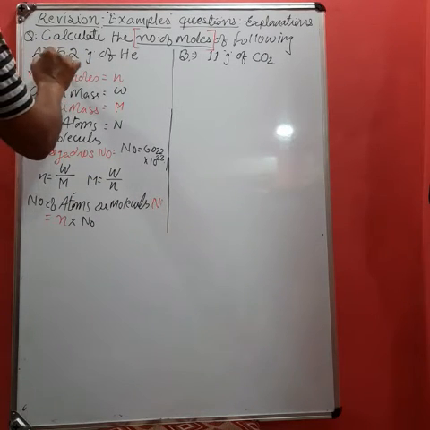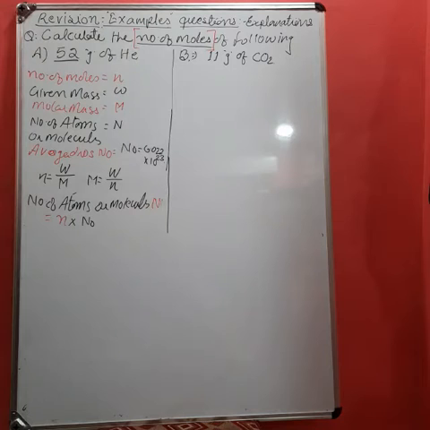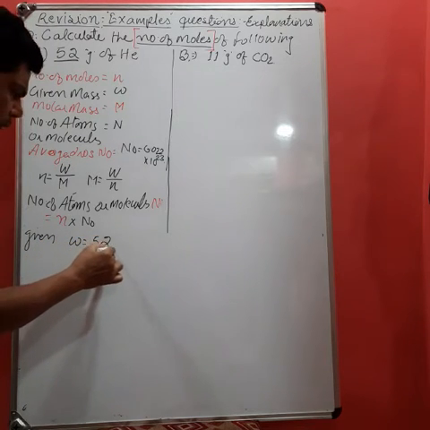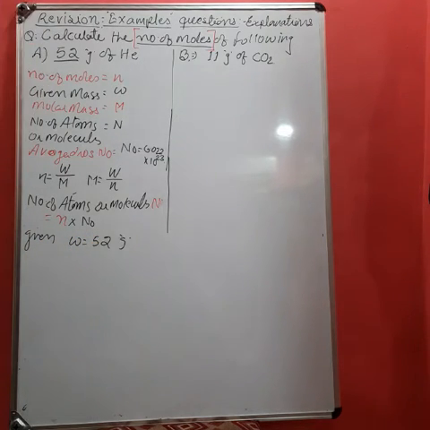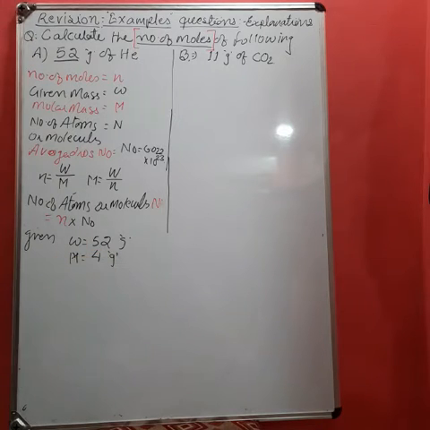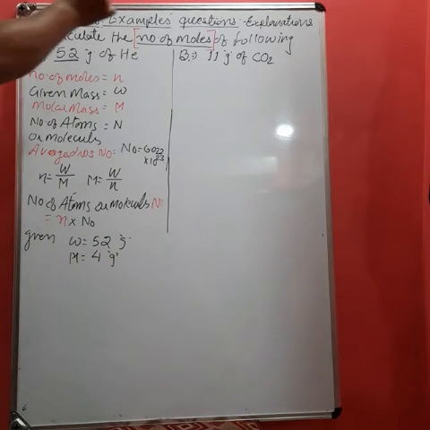In the question, it is given 52 gram of helium. That means you have to write given: W is equal to 52 gram. Now you have to find molar mass. The molar mass of helium is 4 gram. And what you have to find?